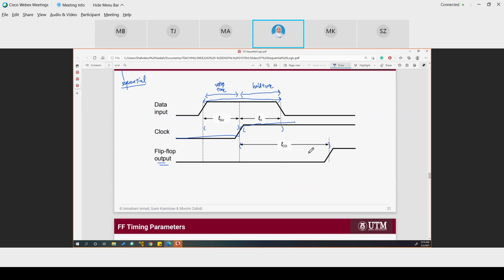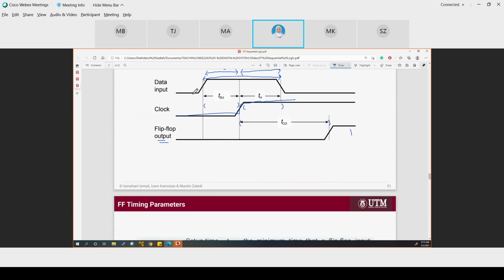Okay, if the circuit takes the output here after the TCO, then the output is not guaranteed to be correct because the data has been changed and the output might also change during this time. So if we want to design a circuit, we have to make sure that the output is taken during this time, and the input must stay stable during this time.